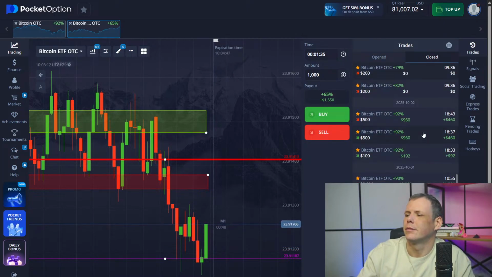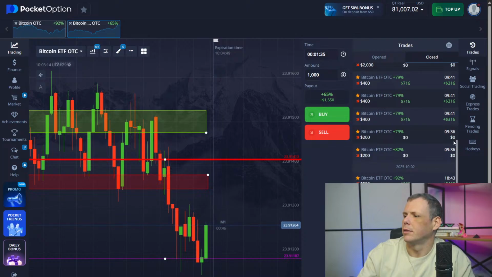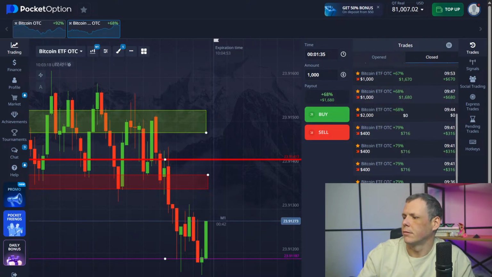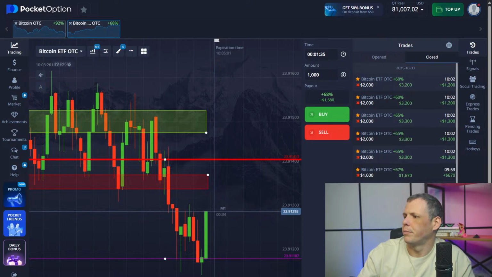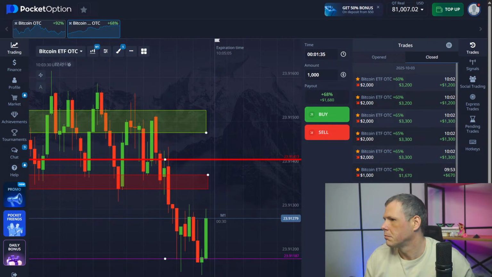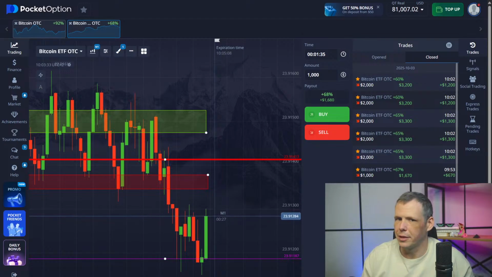There's today one, two, three losing positions. $200, $200, 2,000. So let's just say $2,400 versus 7,000. It's pretty good, right? That's a pretty good area.